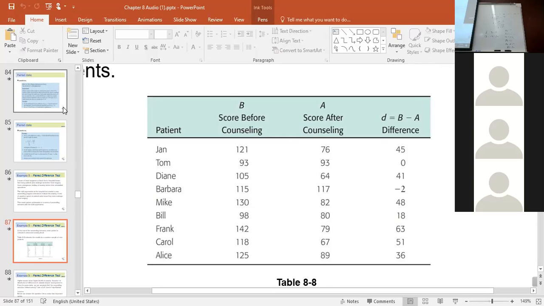When you go to t-test for paired sample mean or something like that, enter variable 1, A, variable 2, B. If you have a question, let me know.